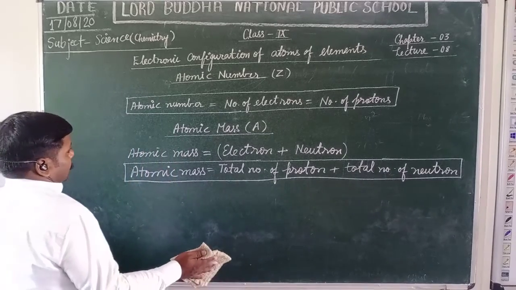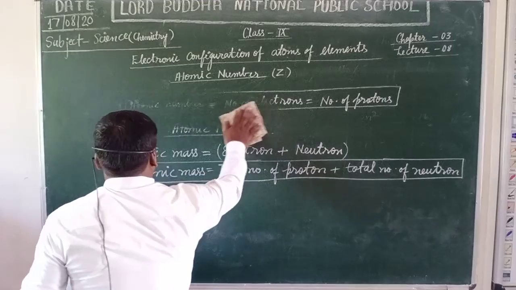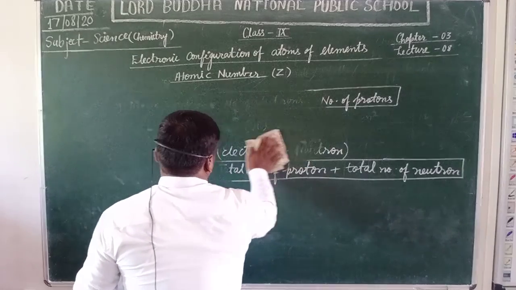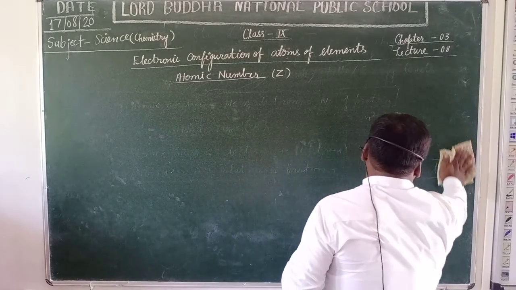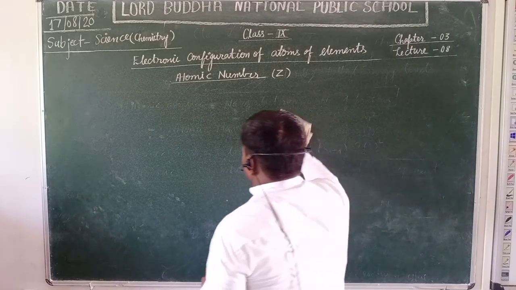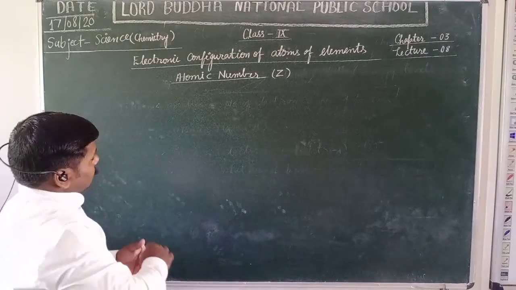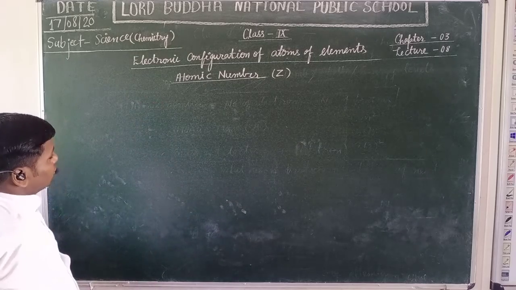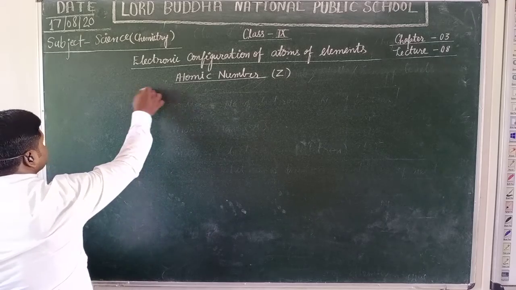This formula helps in determining the number of electrons, protons and neutrons present in the atoms of elements. Here I give some examples, and you also solve likewise from atomic number 1 to 30 in your answer book.